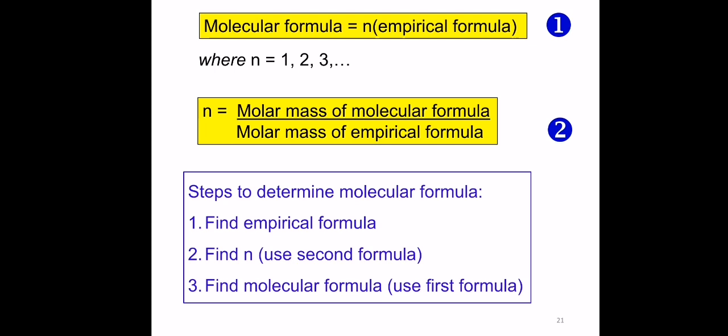So the value for n is equal to 1 or 2 or 3 and so on. If I want to calculate n, the formula is n equal to the molar mass of the molecular formula divided by the molar mass of the empirical formula.